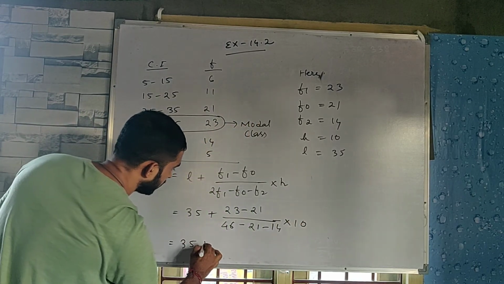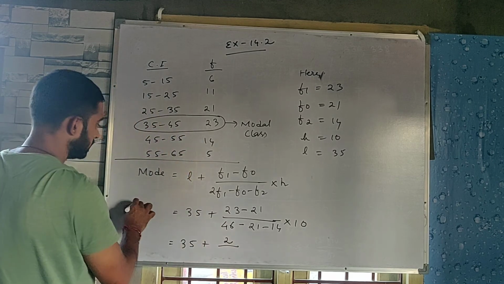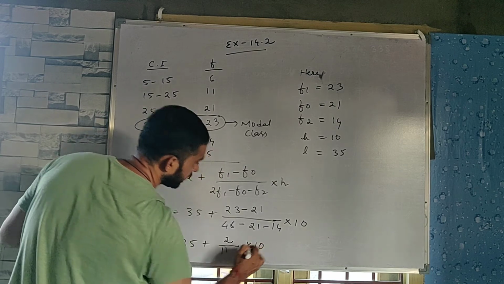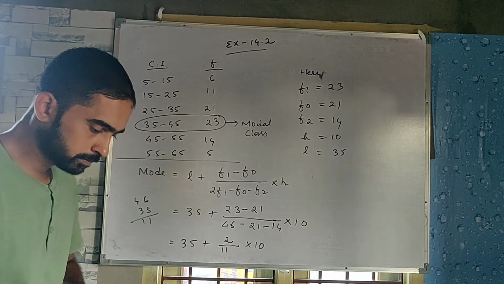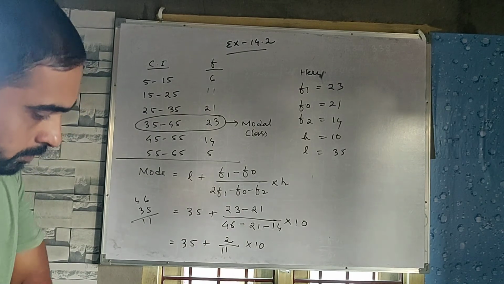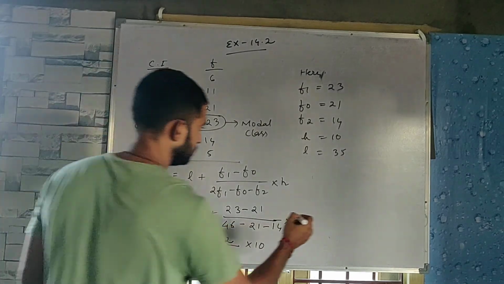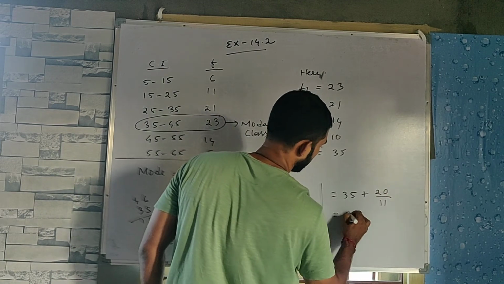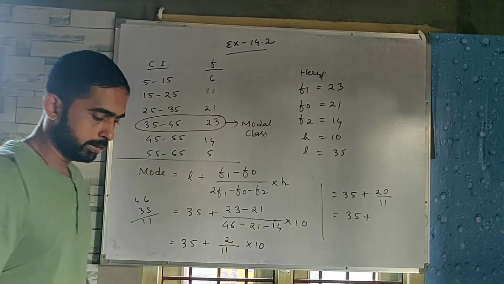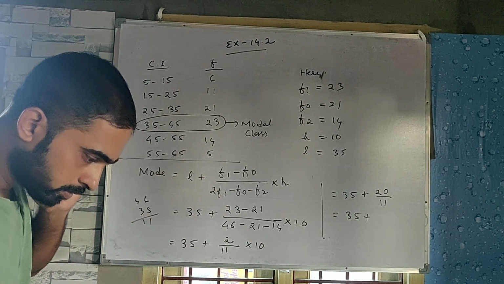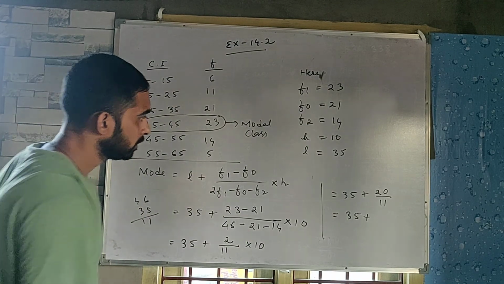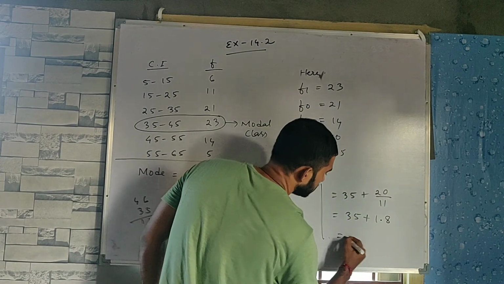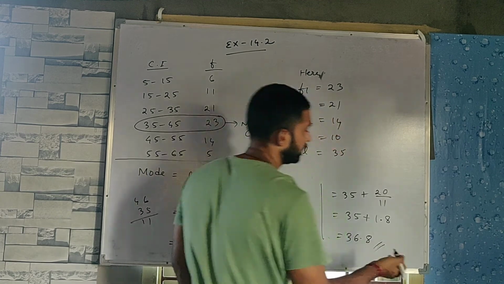So 35 plus 2 by (46 minus 35), which is 11, into 10. So 35 plus 20 by 11, which is approximately 1.8. So 36.8 is the mode.